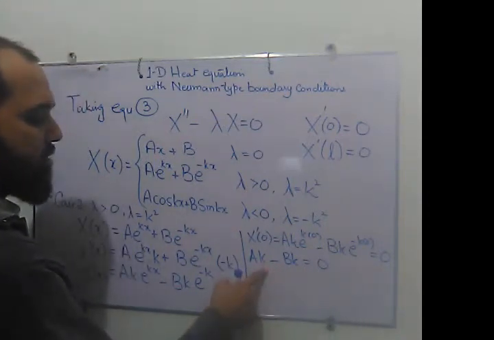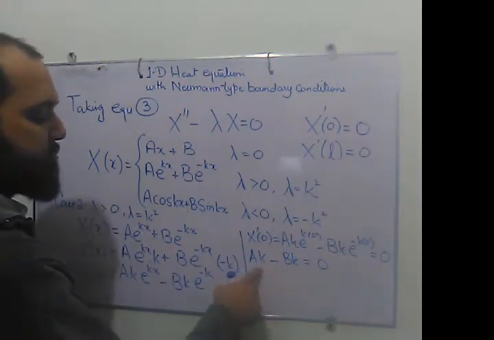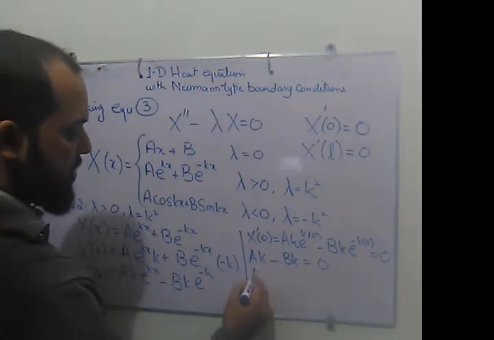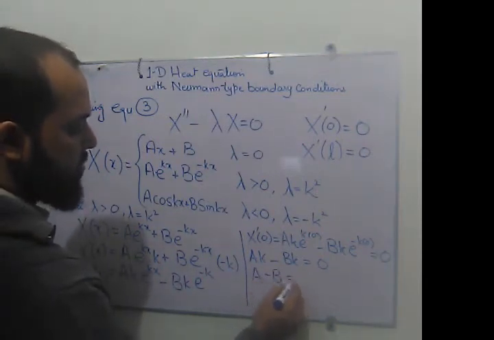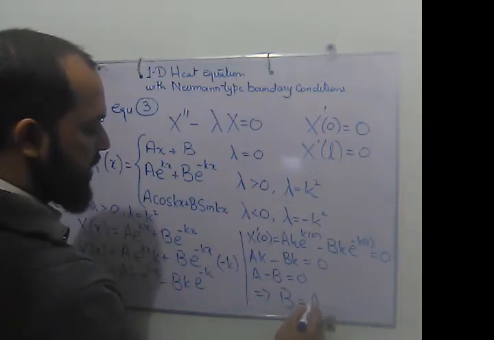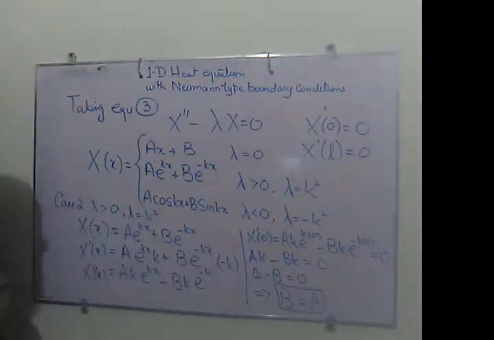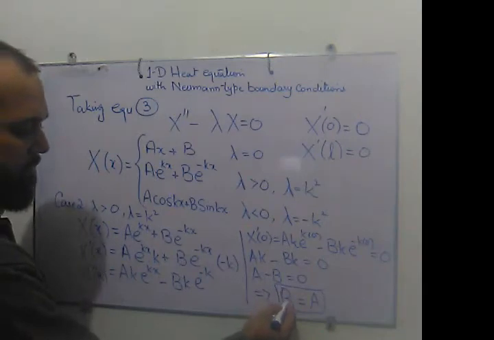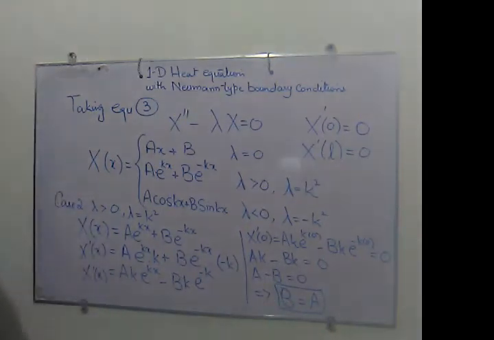If we take k common and divide both sides by k, then we have a minus b is equal to 0, which implies that b is equal to a, or a is equal to b. Now we can apply the second boundary condition in the derivative of the general solution.